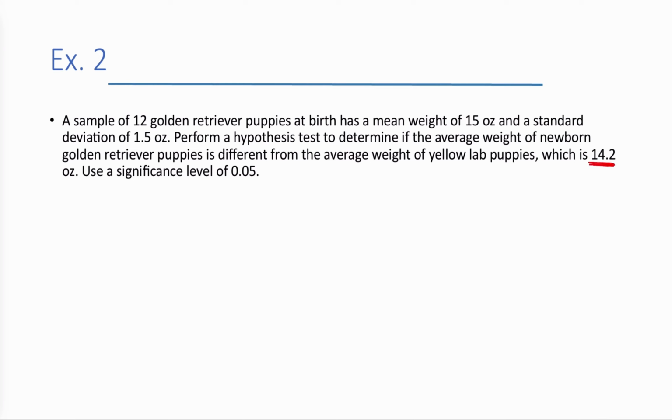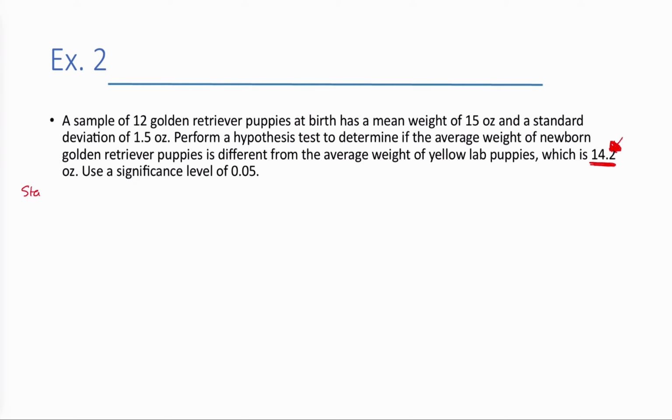So this is a population mean for the yellow lab puppies. So this is a hypothesis test for a single mean where we're comparing to 14.2. It's not a difference of means because this is a population mean, not a sample mean.